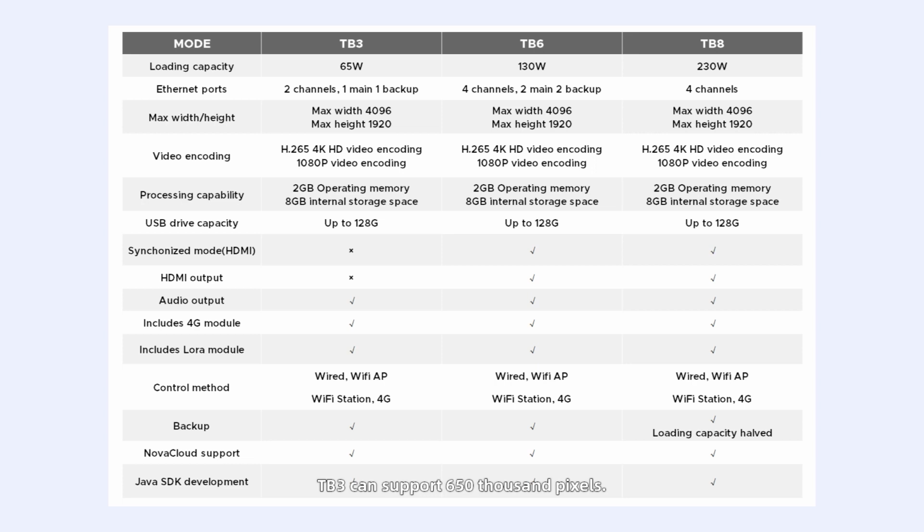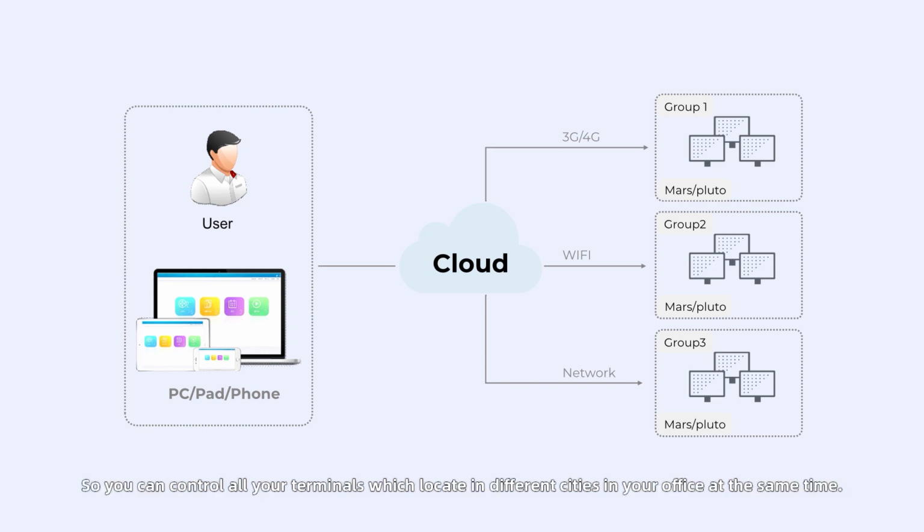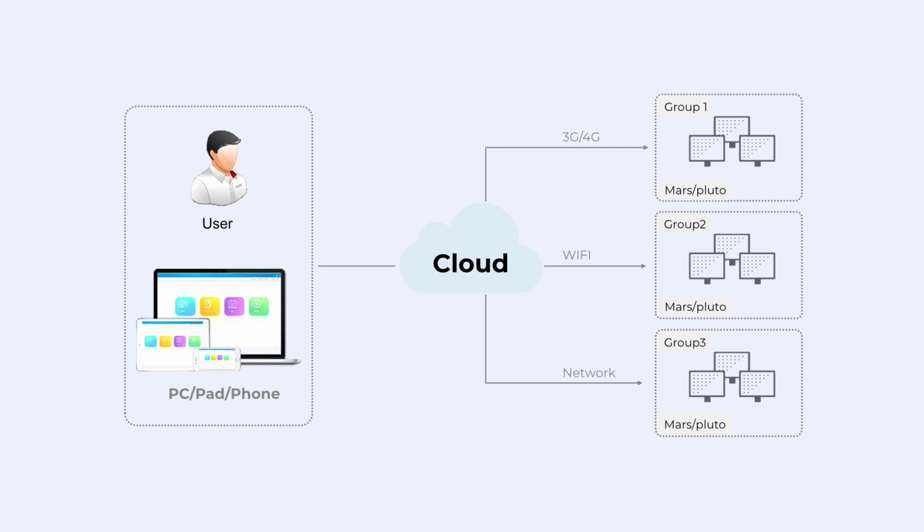TP3 can support 650,000 pixels. TP6 can support 1.3 million pixels, and TP8 can support up to 2.3 million pixels. And this is Windows topography. You can edit programs on the Windows website, then upload to Windows Cloud. Your terminal will download these programs from Windows Cloud, so you can control all your terminals located in different cities from your office at the same time.